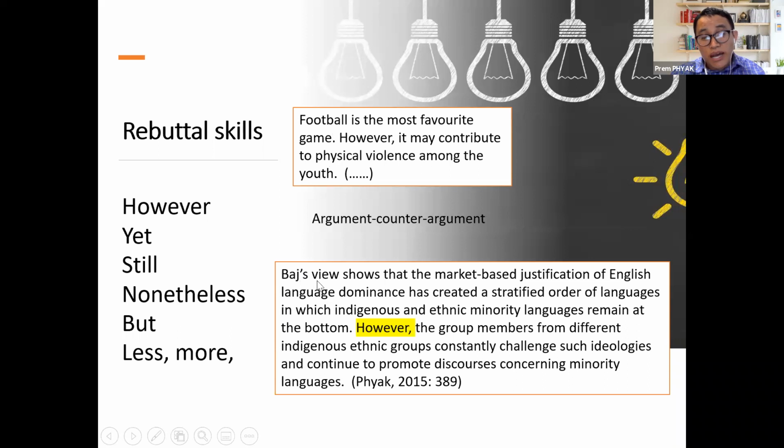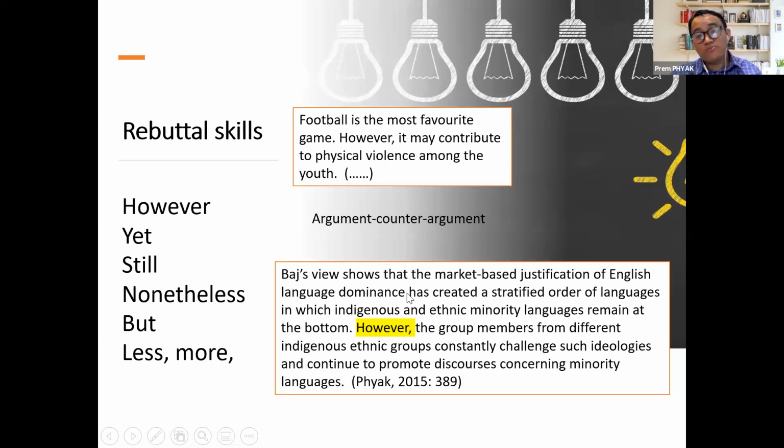Bast, the Facebook user, view shows that the market-based justification of English language dominance has created a stratified order of languages in which indigenous and ethnic minority languages remain at the bottom. However, the group members from different indigenous ethnic groups constantly challenge such ideologies and continue to promote discourses concerning minority languages, right?